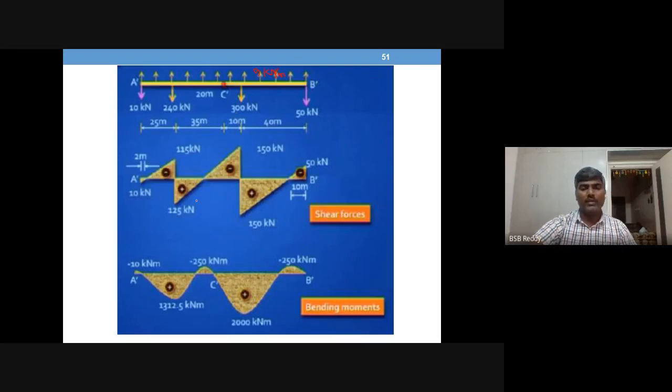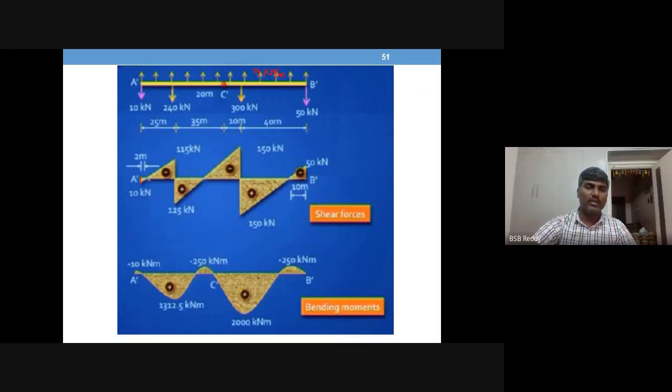So if you try to draw the shear force diagram, downward 10, so this is the reference line, right? So come down by 10. Then what will be the force from here to here, this is 25 meters, 25 into 5, okay?